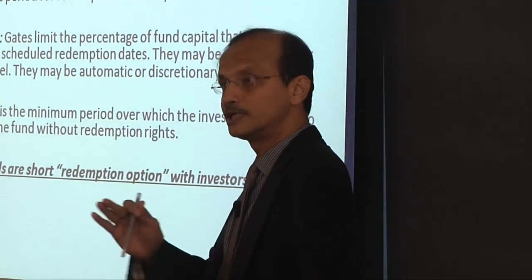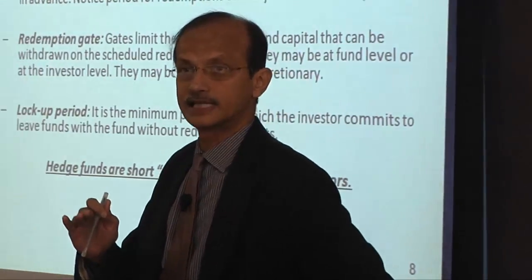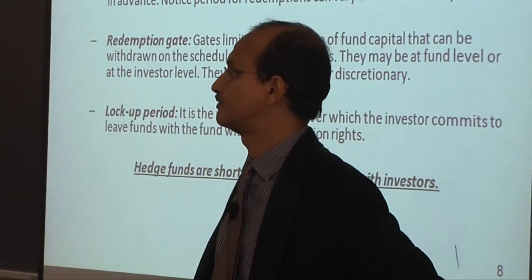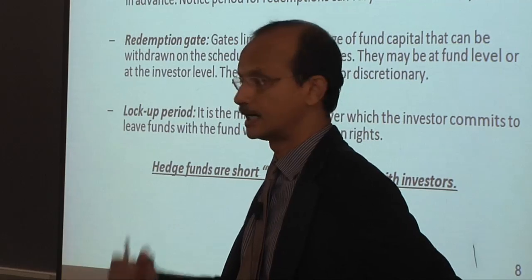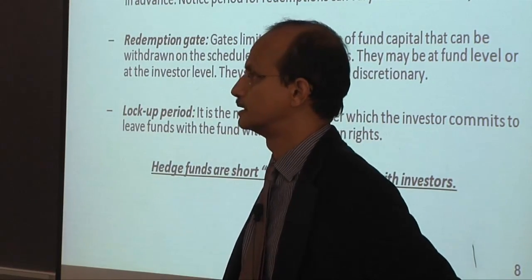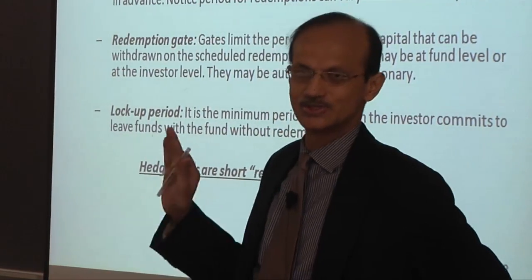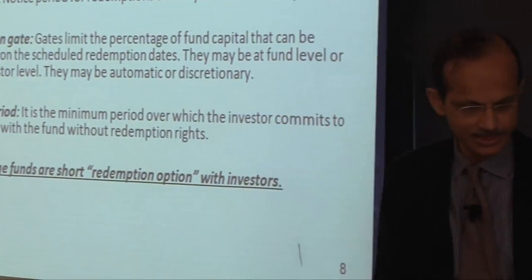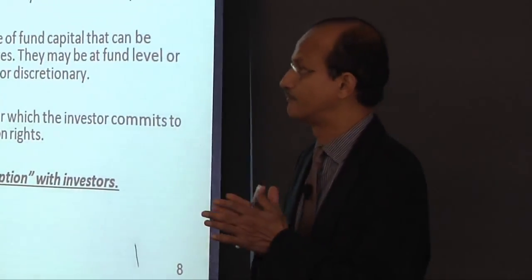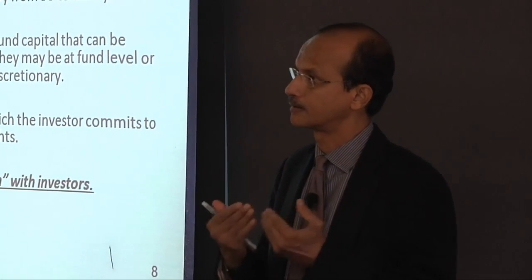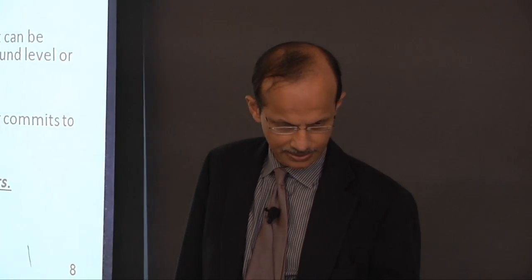So you'll only say, well, short-term investors can take the money out, but they have to pay a fee of 6% or 7%, and this fee would be credited to the remaining and continuing investors. It doesn't go to the fund manager, it goes to the continuing investors. So you can see here, these options are going to be very important in thinking about the contractual design and in thinking about the leverage.